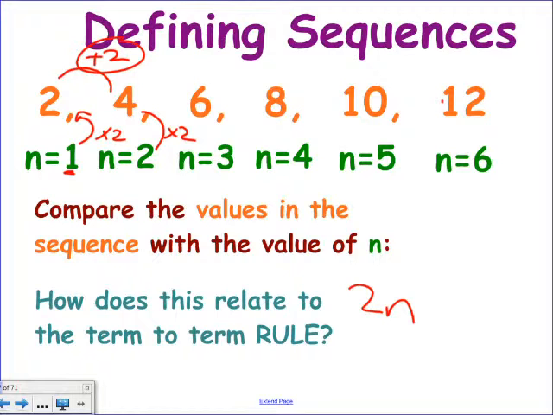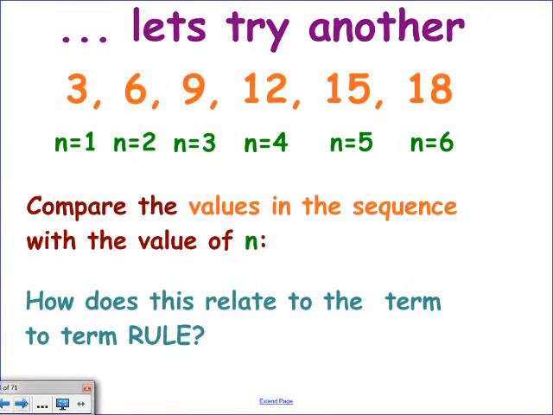If I went to my 100th position on my sequence, I swap the letter n for 100, 2 times 100 is 200. So I don't have to write this out 100 times to get to that value. I can jump straight to my 100th position and work out that the value that's sitting there is the number 200. Okay? So, let's look at another one, just to prove this rule that we've just come up with.